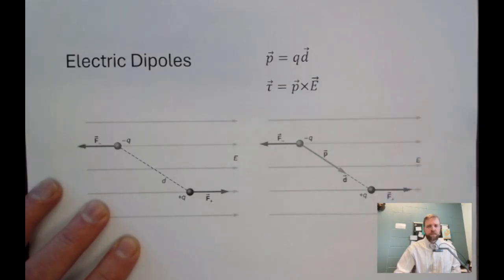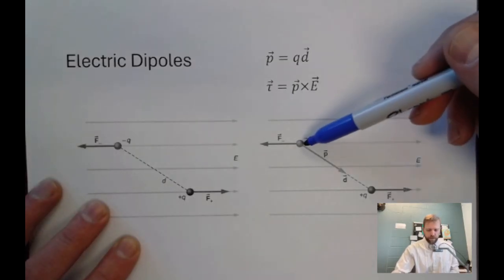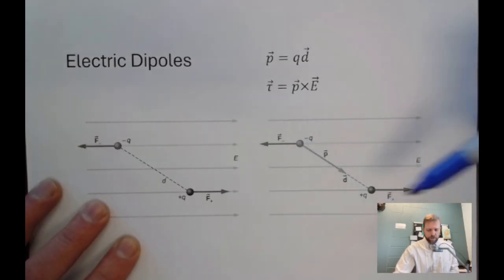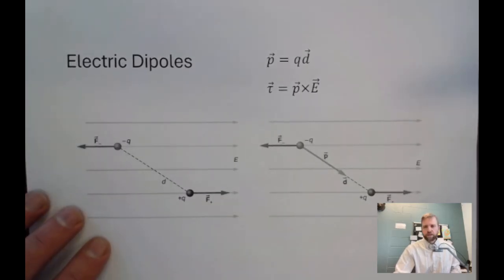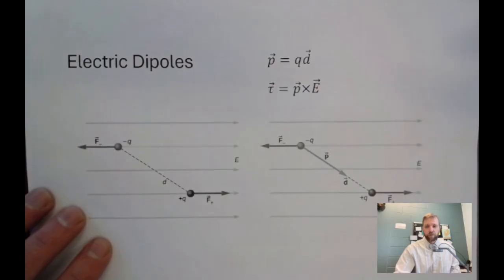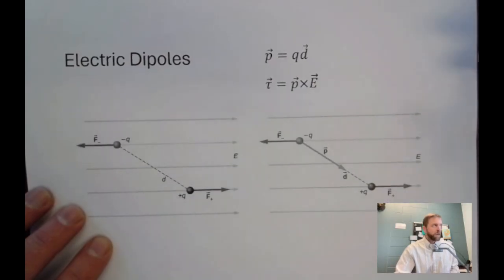We're just going to be dealing with magnitudes, so you won't need to worry too much about that. If you're familiar with chemistry, the convention in chemistry is that the dipole moment always points from positive charges to negative charges, so it's a little bit different.